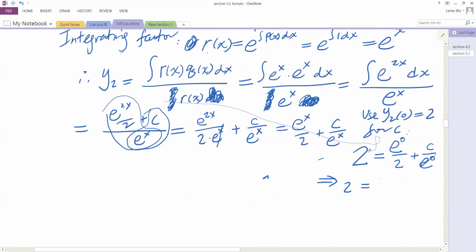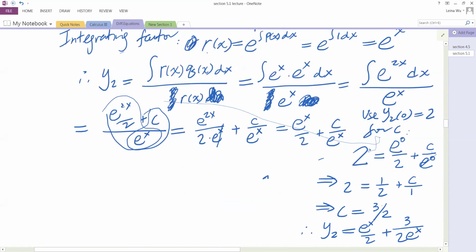So 2 is 1/2 plus c over 1. So c will just be 2 minus 1/2, which is 3/2. And the y2 here will just be e to the x over 2 plus 3/2 over e to the x.